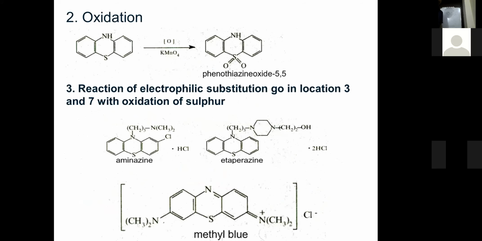It undergoes oxidation in the presence of KMnO4 to form phenothiazine oxide, that is 5,5-phenothiazine dioxide, as an intermediate product. It undergoes electrophilic substitution reaction at the third and seventh positions, with oxidation of the sulfur.